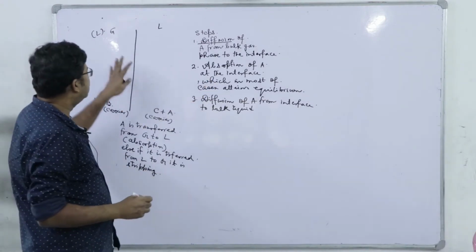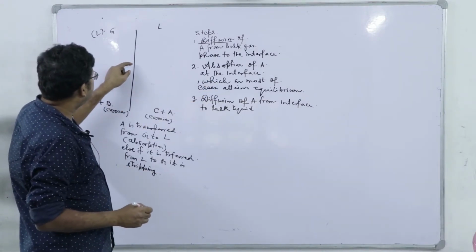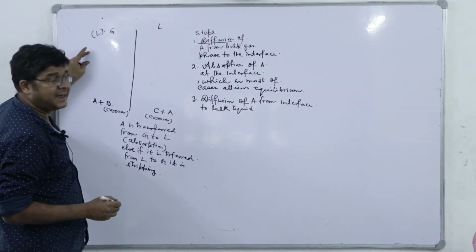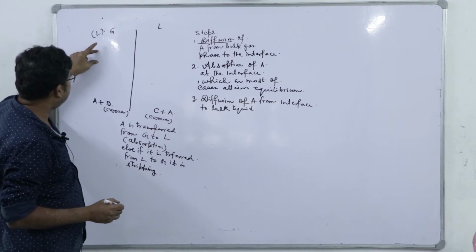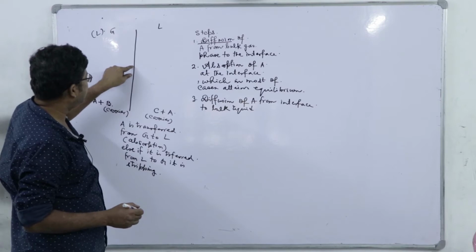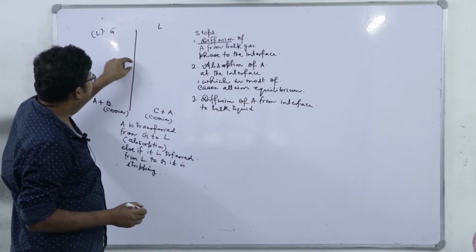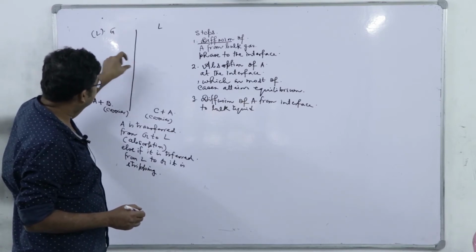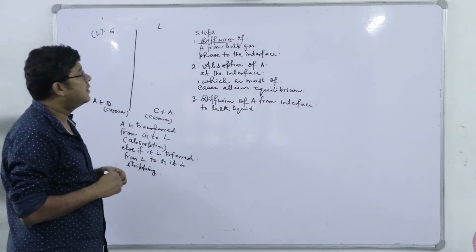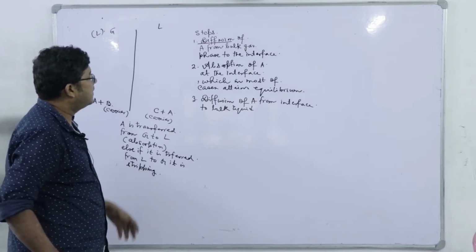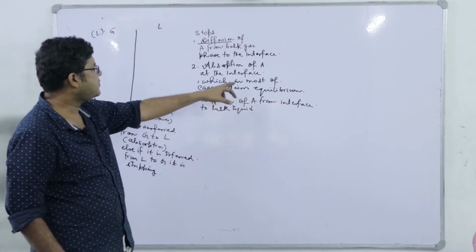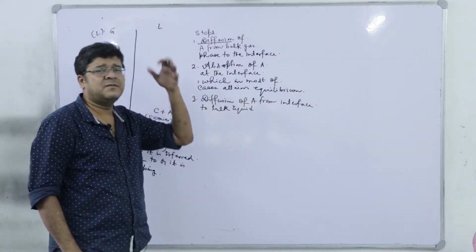So, the thing is that this component A in the gas phase will diffuse from the bulk to the interface, which requires a concentration gradient, right. At this interface it first gets dissolved and then attains equilibrium, right. And this equilibrium is nearly instantaneous, okay, it basically needs a fraction of a second.